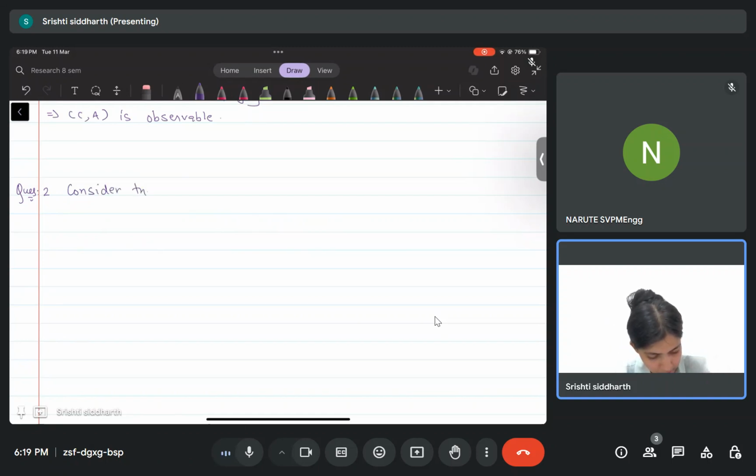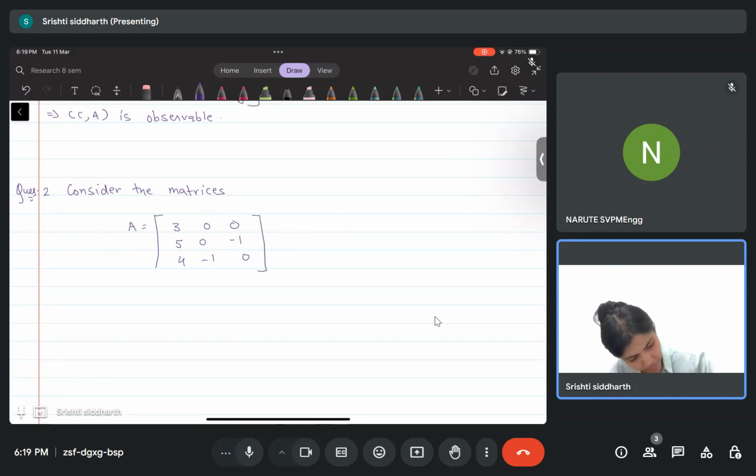Consider the matrices A equals [3, 0, 0; 5, 0, -1; 4, -1, 0] and C equals [1, -1, 1].